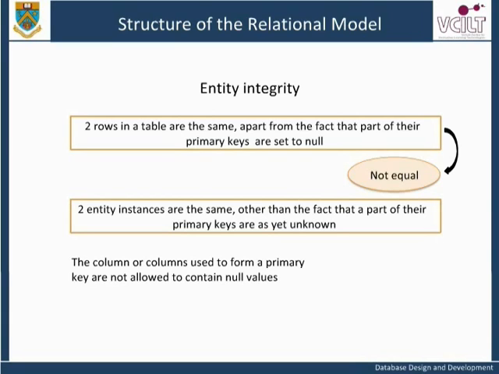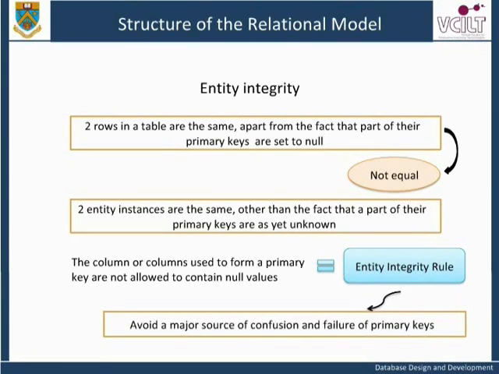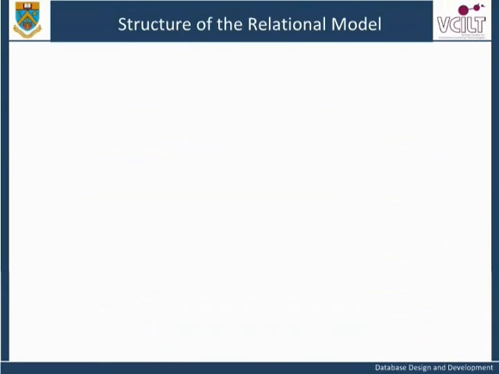This rule is known as the entity integrity rule, and is a part of the relational theory that underpins the relational model of data. The entity integrity rule does not ensure that primary keys will be unique, but by not allowing null values to be included in primary keys, it does avoid a major source of confusion and failure of primary keys. And now, let's have a look at foreign keys.